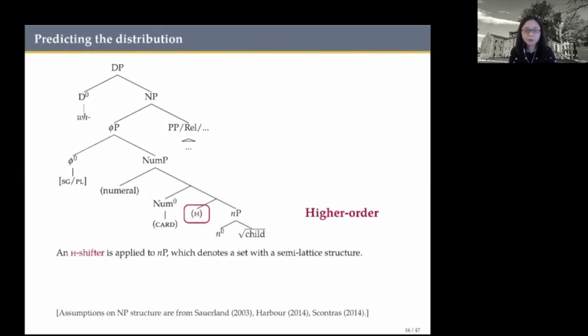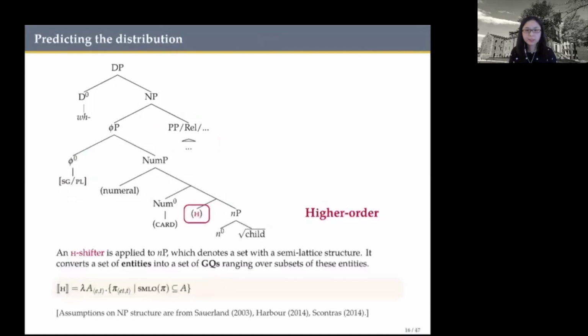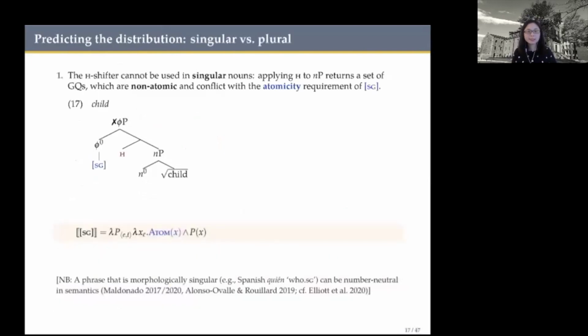To derive high-order readings, I assume that there is an edge shifter that should be applied locally to the small np. It converts a set of entities into a set of generous quantifiers that range over subsets of these entities. So this is the new assumption. So now let's see how this analysis predicts the contrast. First, the edge shifter cannot be used in singular nouns.